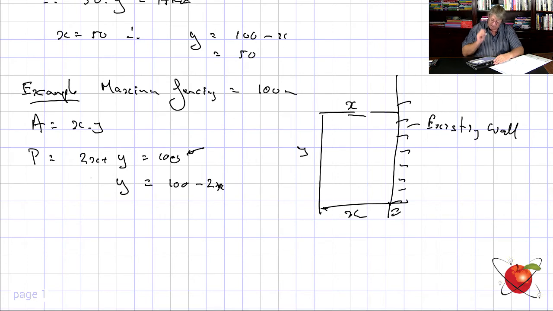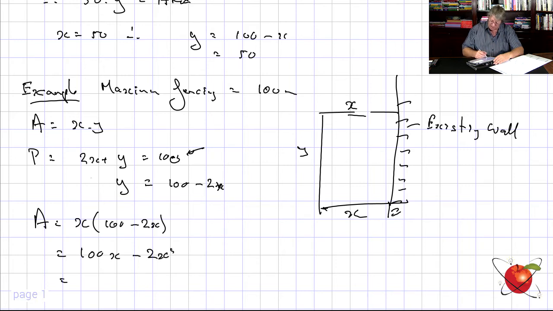So we say, okay, I've got area is equal to x times y is x times 100 minus 2x is going to be 100x minus 2x squared. This is minus 2x squared plus 100x, okay? And that's going to give me that.